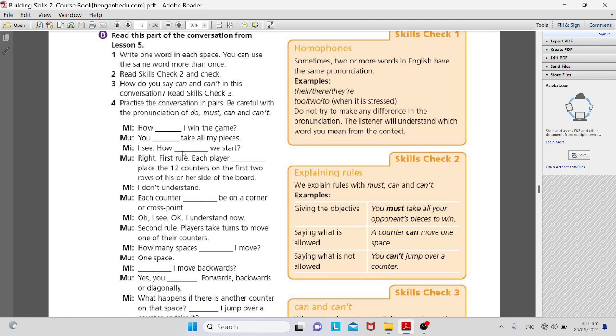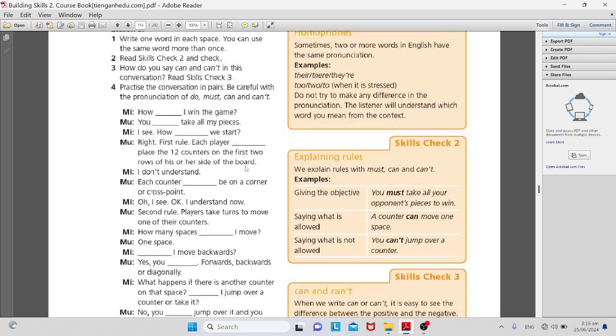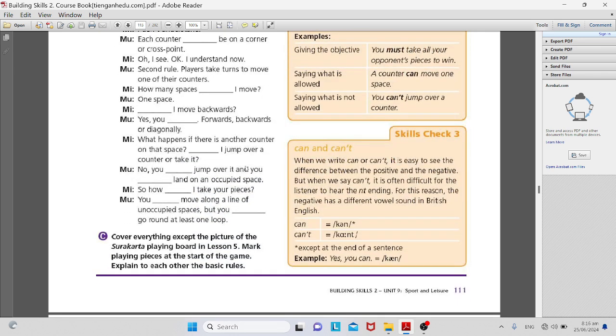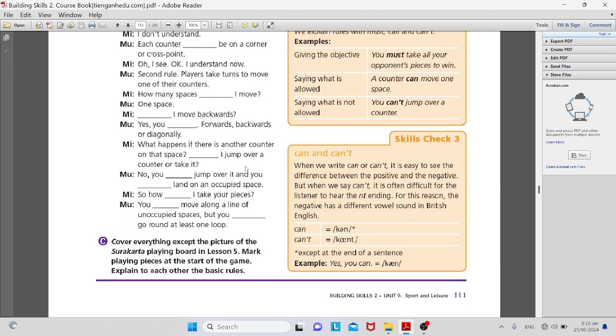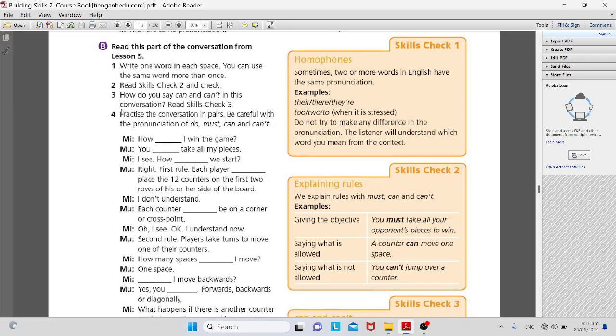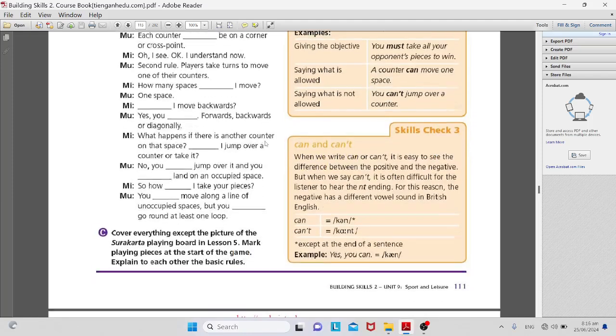And see how, and so on. The most important thing in this exercise, in 3: how do you say can and can't in this conversation? Read skills check 3.